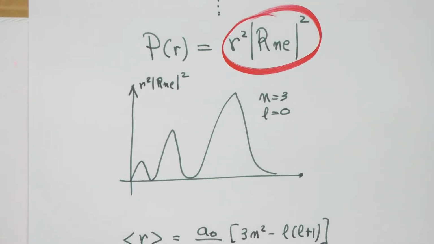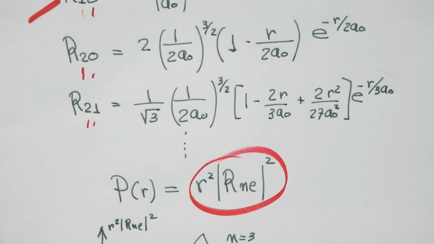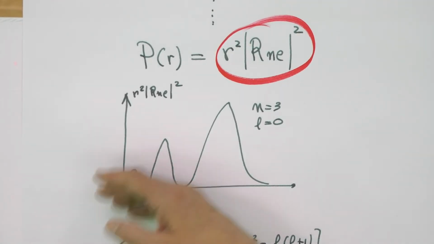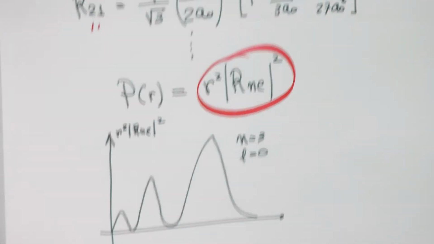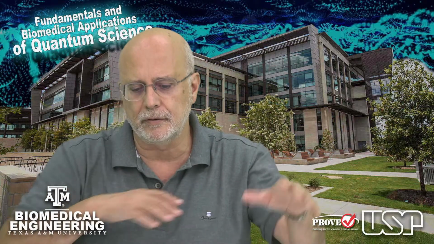Those are the solutions of the atoms. You have oscillations on the radial part, and the spatial distribution depends on the angles too.